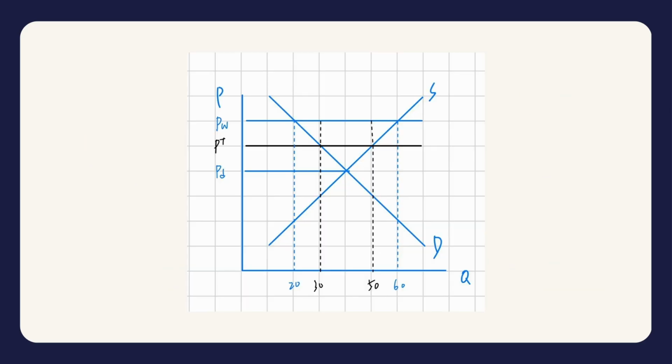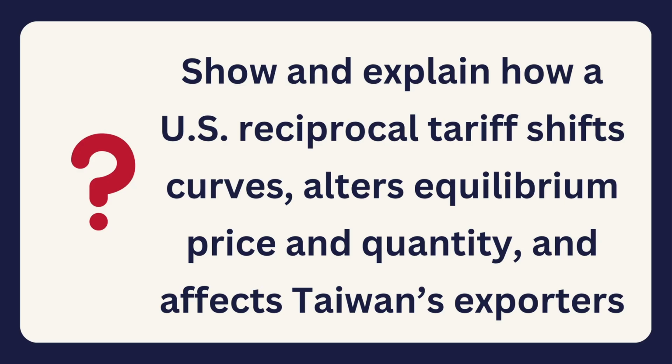This is the supply-demand diagram for Taiwan's export markets to the U.S. And I'll show and explain how a U.S. reciprocal tariff shifts curves, alters equilibrium price and quantity, and affects Taiwan's exporters.